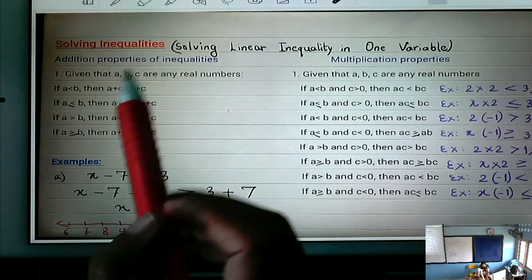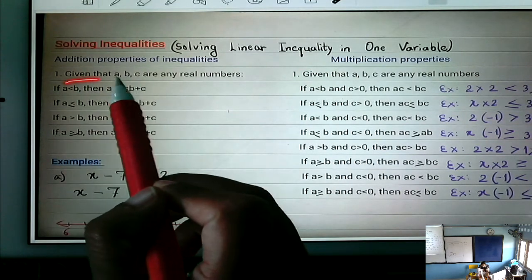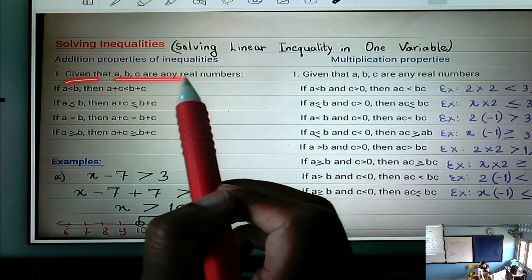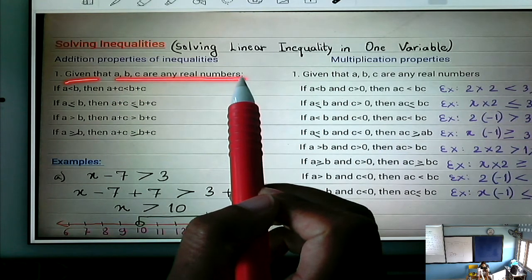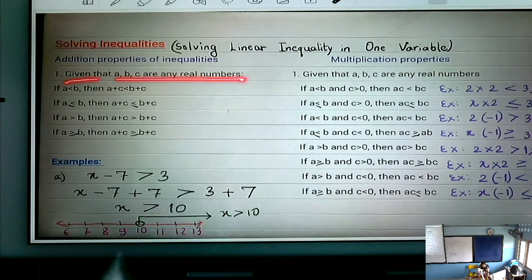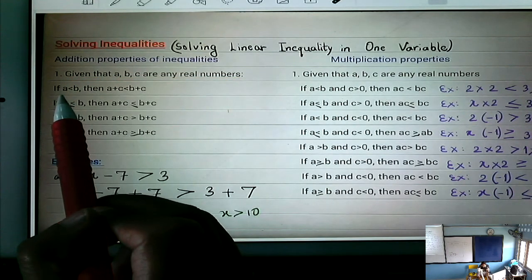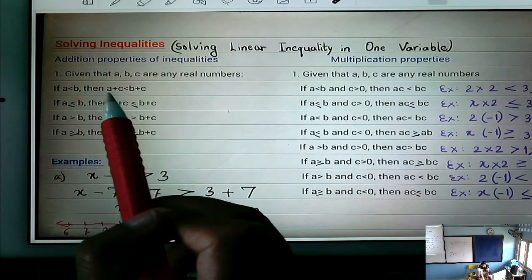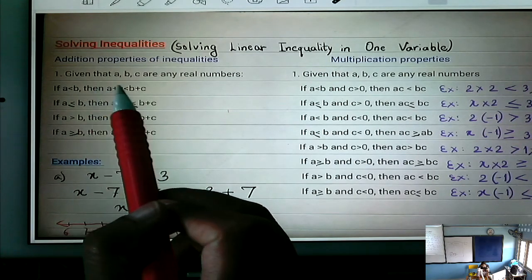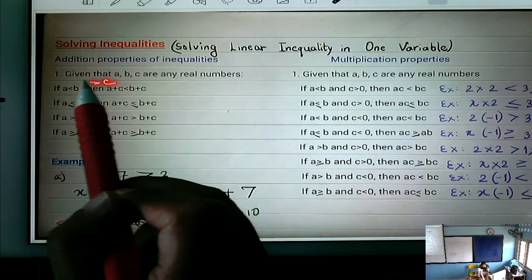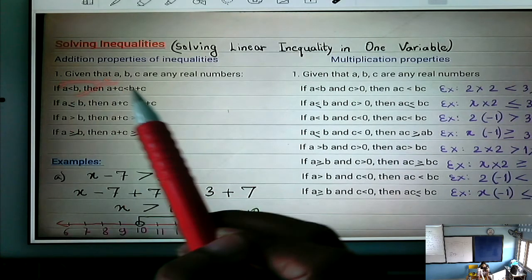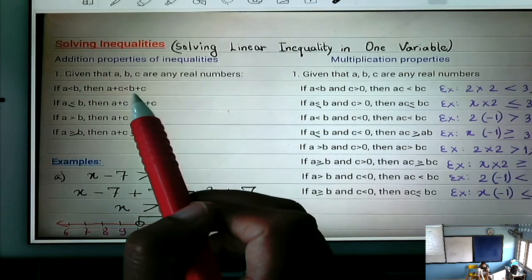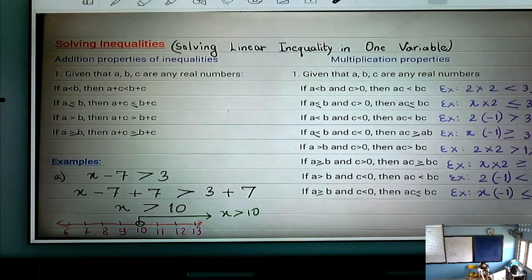Addition property means suppose you have A, B, C real numbers. When A is less than B, then if you add C to A and B, then A plus C is also less than B plus C.